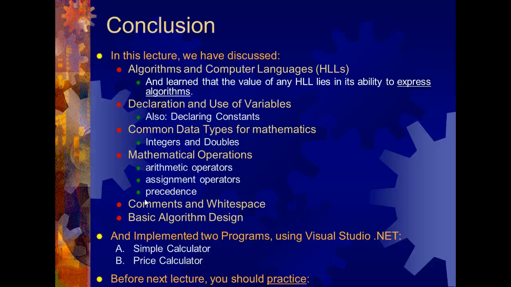We also saw the use of a string data type, mathematical operations, arithmetic operators, the assignment operator. We also talked about precedence of the operators. Comments and white space. We talked about how you should comment and add white space to your programs. And basic algorithm design. We implemented 2 programs using Visual Studio .NET, the simple calculator and the price calculator.